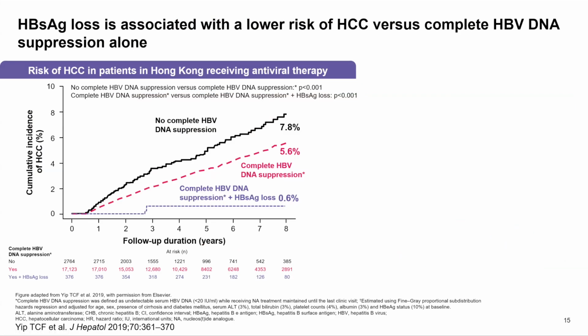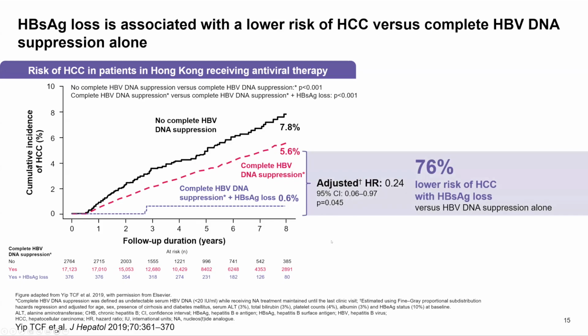In this Hong Kong study, compared to the patients with complete HBV DNA suppression by antivirals, those who also lost HBs antigen had a 76% further decline in HCC incidence. So undetectable HBV DNA is good, but undetectable HBs antigen is better.